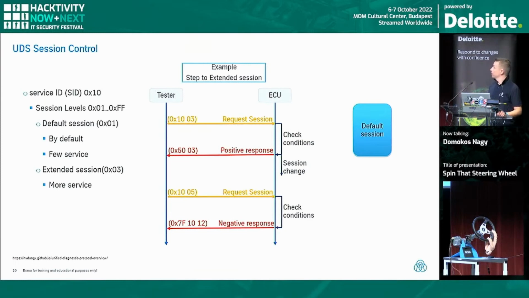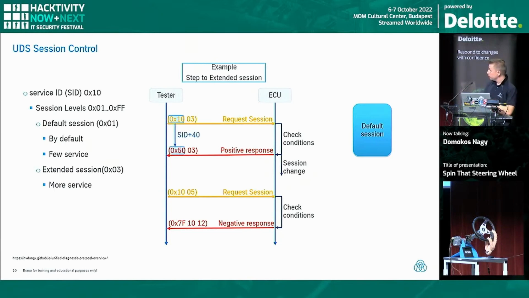So let me show a small message flow that we usually see when we start up a device, in the default session. By default, there are few services. You need to extend your session to a non-default one to get more services to work on the device. And this can be done by session control.